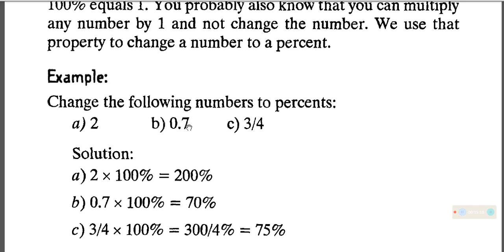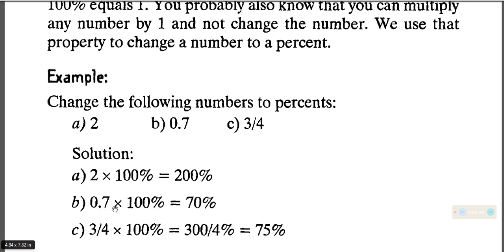So, change the following numbers to percent. So, paano naman natin siya gagawin? So, all you have to do is to multiply it by 100%. So, 2 times 100% is 200%. 0.7 times 100%. Babaligtarin lang natin yung paggagawa ng extension ng decimal point.